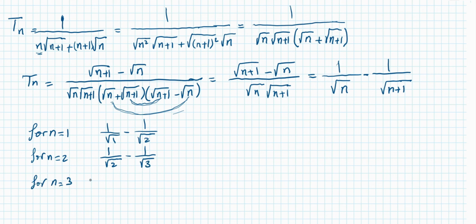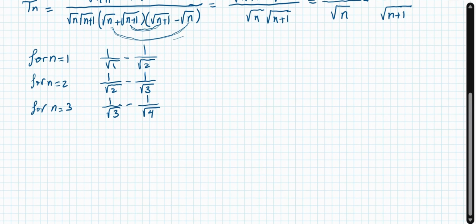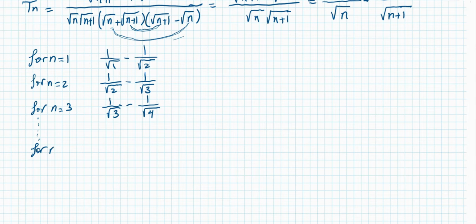For n equal to 3, we have 1 over the square root of 3 minus 1 over the square root of 4. And for the last term, for n equal to 99, we get 1 over the square root of 99 minus 1 over the square root of 100.